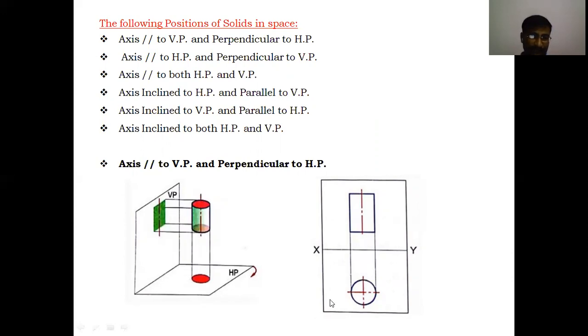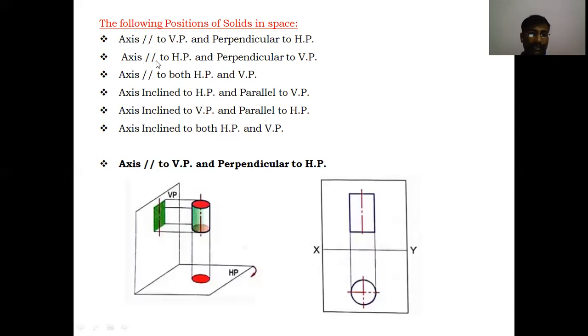On the plane of paper, first draw the circle having the diameter equal to the cylinder base diameter, and the points on the circle are projected towards above the XY line, because the front view of the cylinder, when we look from this side, looks like a rectangle. This is the green color, the rectangle. So the front view looks like a rectangle, and top view is a circle. Okay, this is the first position.